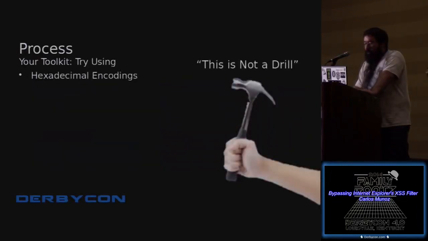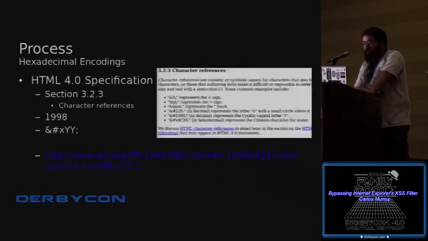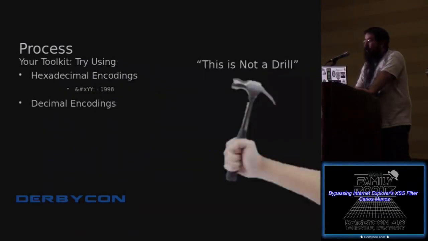So, things to use. In terms of landing, it really depends on what the context is that you land in. So often in attribute spaces, you can use hexadecimal encodings, which are part of the HTML 4.0 specification back in 1998, which start as ampersand hash x and some alphanumeric hexadecimal reference to a character followed by a semicolon.